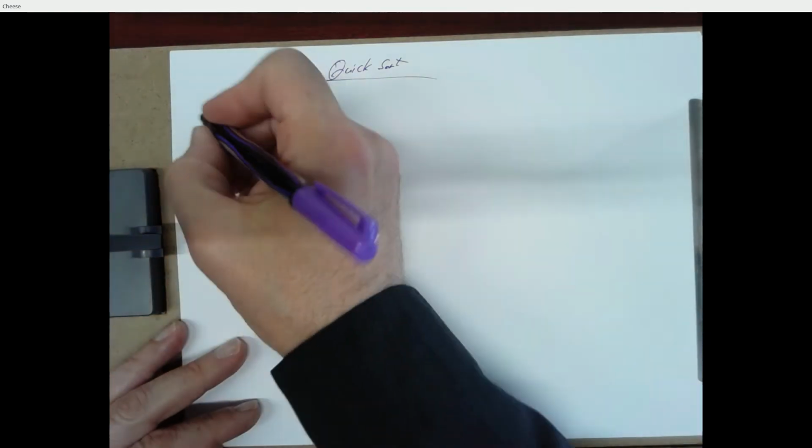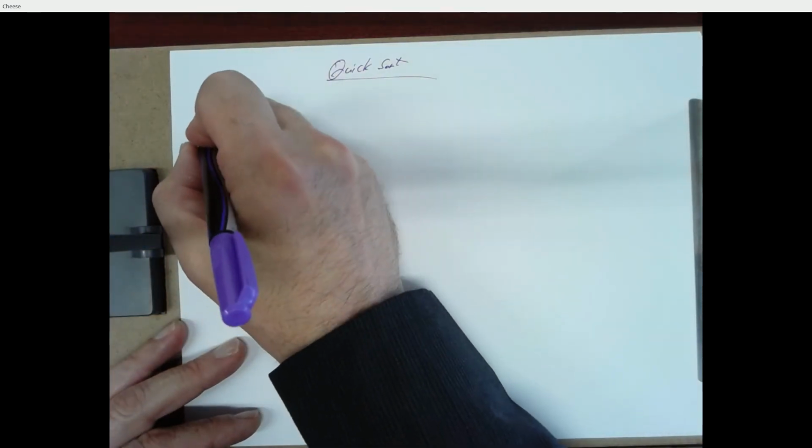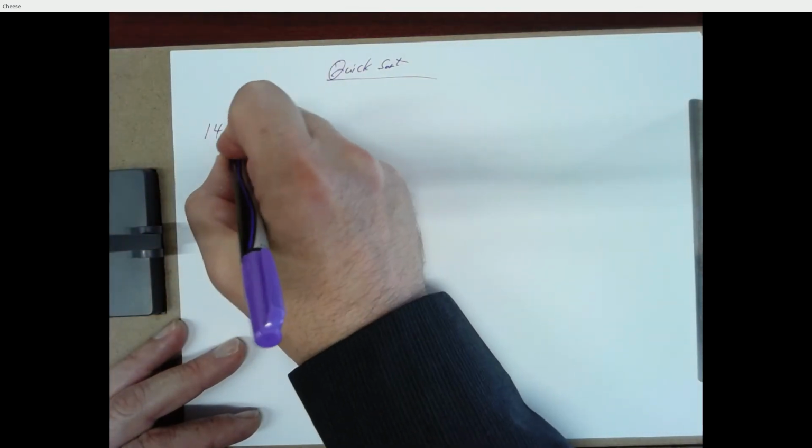All right, so quicksort. Quicksort is another n log n, usually, sorting algorithm. This one's a little weird to get our brains around sometimes, but let's try.